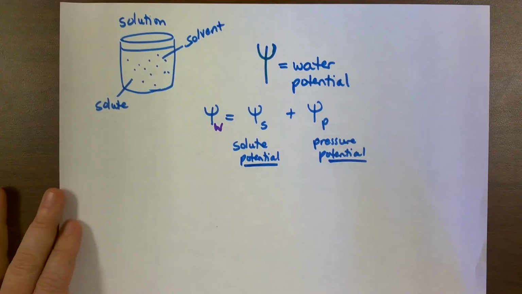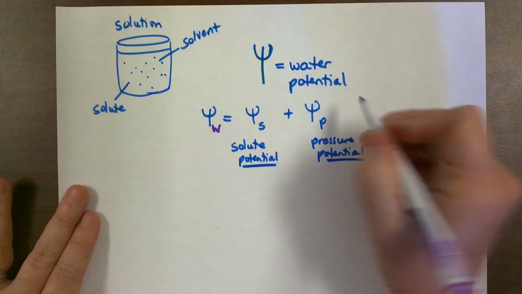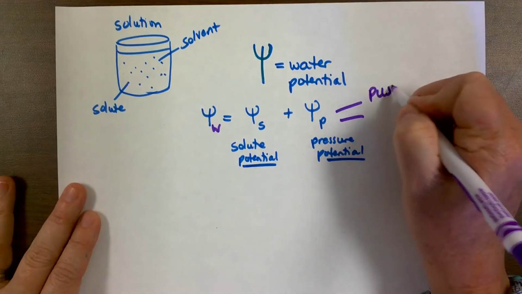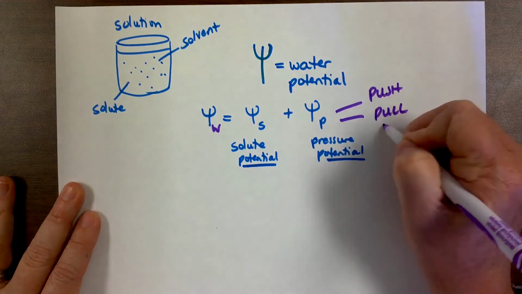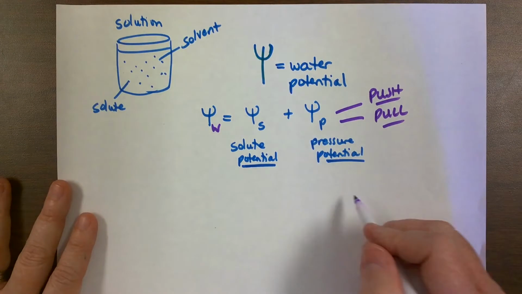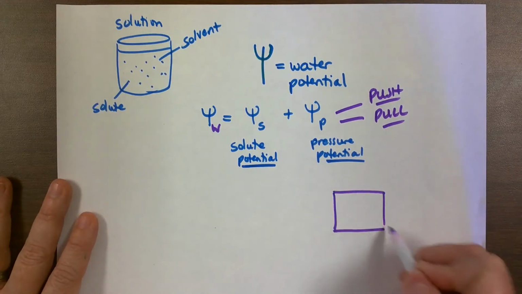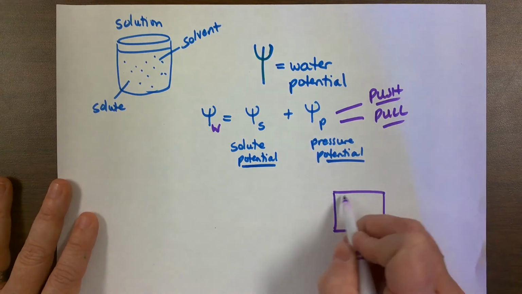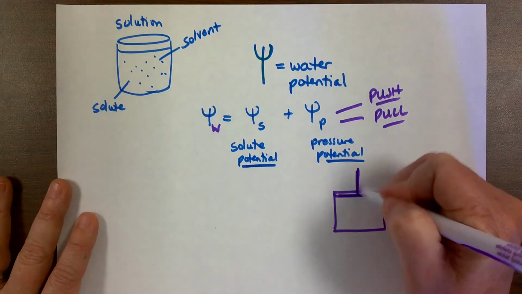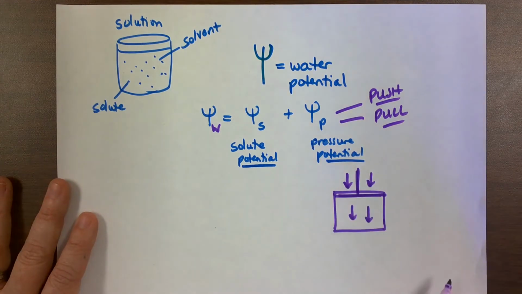All right, so the pressure is about a push or a pull on the item that you're talking about. So if we had a container of liquid and we were able to put a stopper down in it and start pushing down, it would create a lot of pressure.